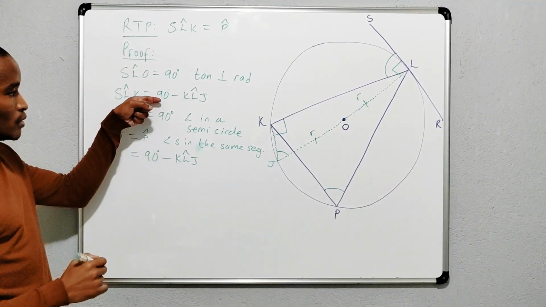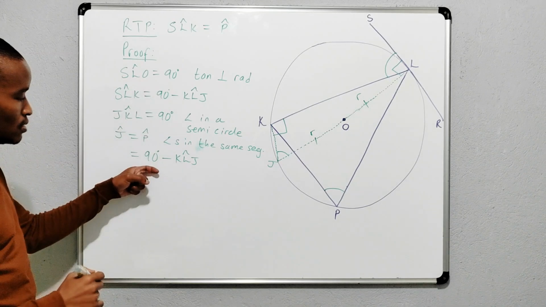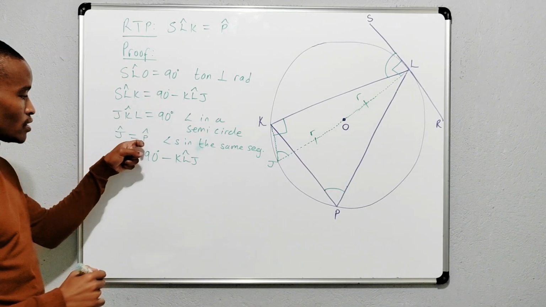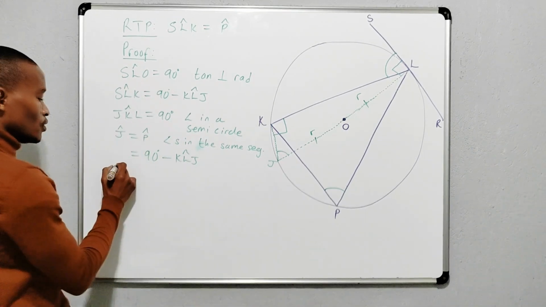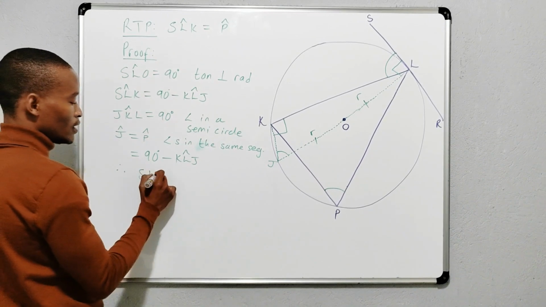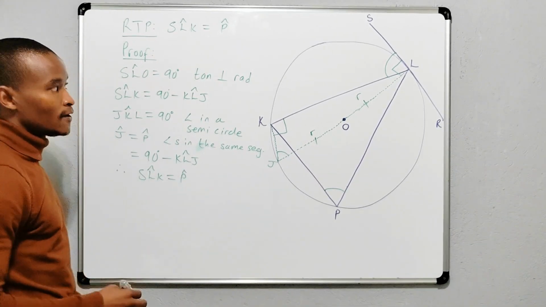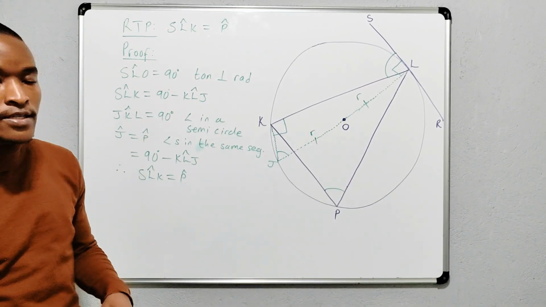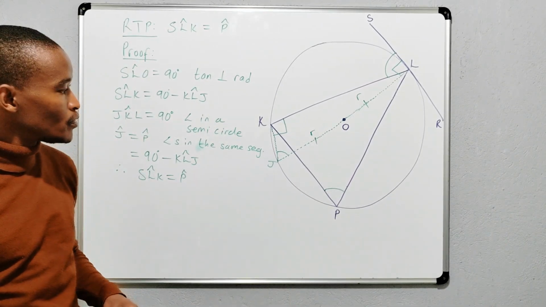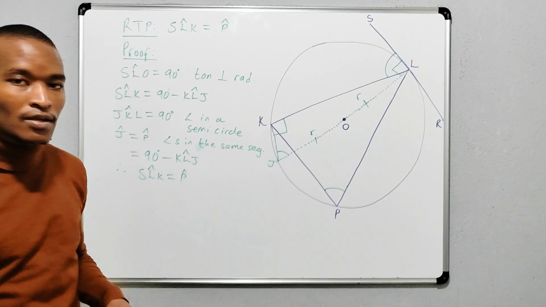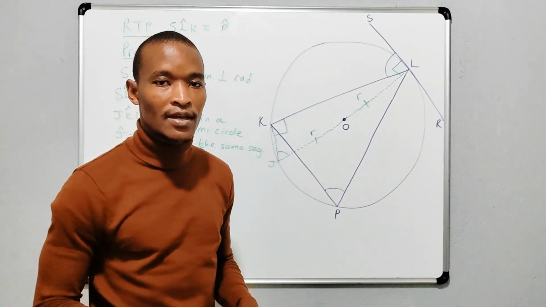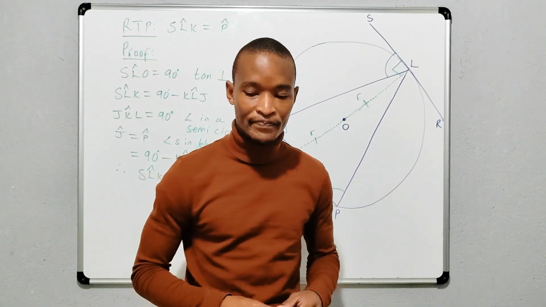Is it equal to that? Yes. And remember, angle J is equal to angle P. So therefore, angle SLK is equal to angle P. And that takes care of the proof for the tan-chord theorem. Good. Let's move on to the next theorem.